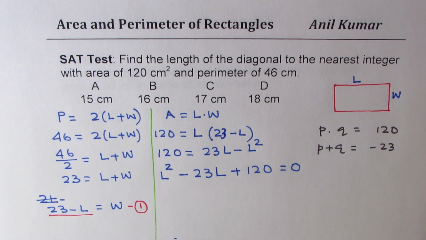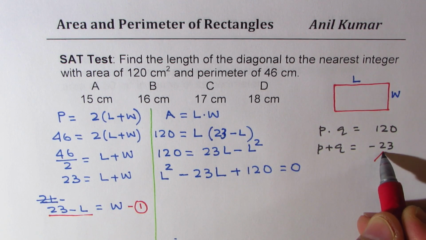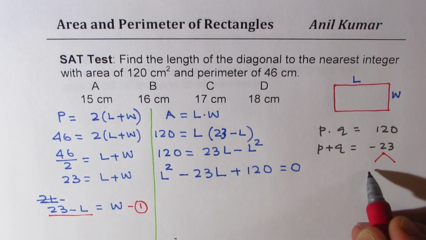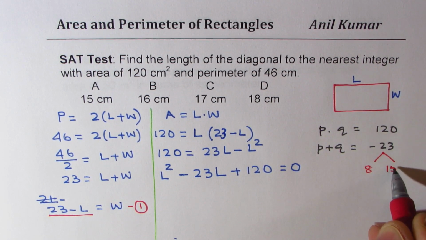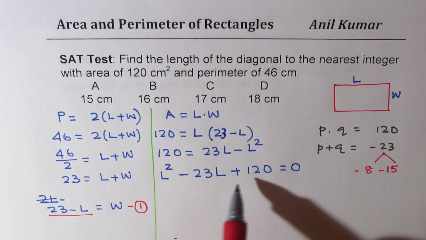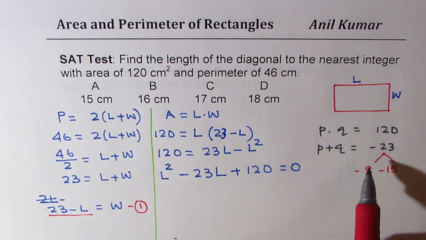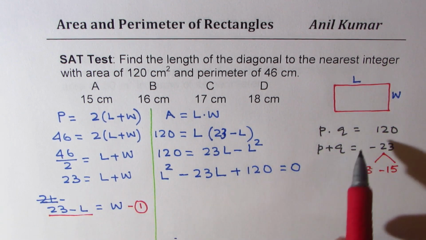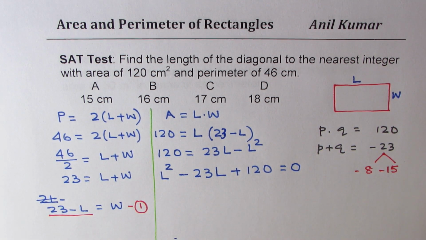So what you get here is that the two numbers are 8 and 15. And both should be negative, since we want a sum of negative and product of positive. So both should be negative. When you add, it becomes more negative, correct?